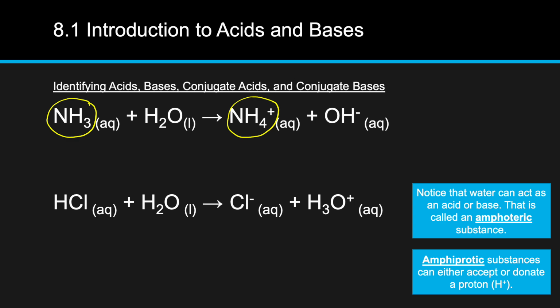So because it accepted, that means it is the base. And we know that the base turns into the conjugate acid. Now looking at our other acid-base pair, we have H2O and OH minus. We can see that we lost a proton, or donated a proton, so this would be our acid, which becomes our conjugate base.